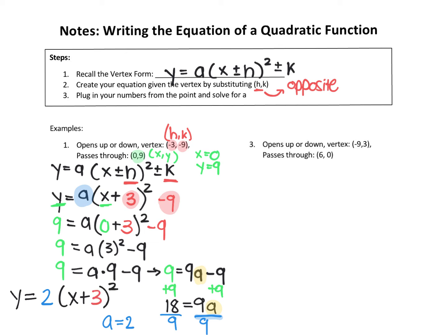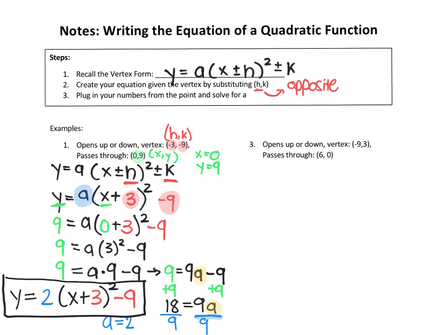That's going to be squared. And then I have that minus 9, which also came from the vertex. So this right here is my equation that I got when I plugged in my vertex and I plugged in that extra point to solve for a.